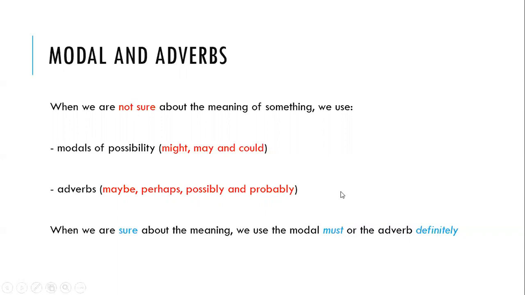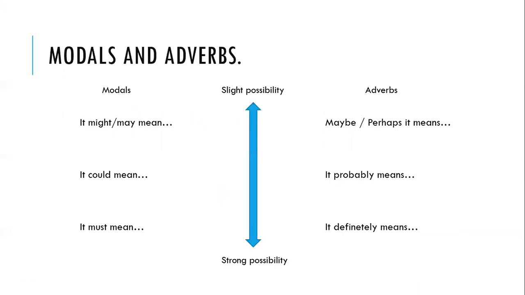Okay, so now you may wonder, what is the difference between a modal and an adverb? So in this drawing here, on the left side we have the modals, and on the right side, we have the adverbs. And we have this arrow here.